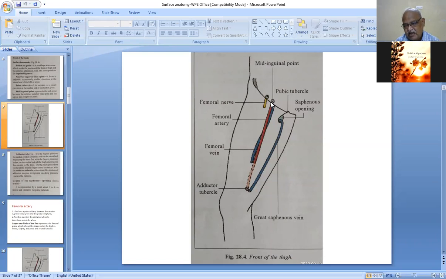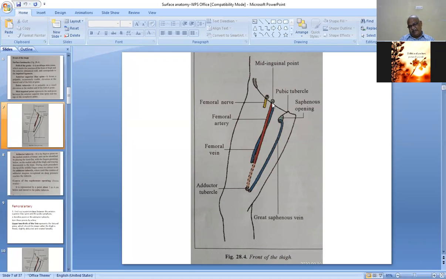It is the midpoint of the inguinal region, the mid-inguinal point. The inguinal ligament runs from the anterior superior iliac spine laterally to the pubic tubercle. The femoral artery is present immediately below the inguinal ligament, at the mid-inguinal point, but not the midpoint of the inguinal ligament.